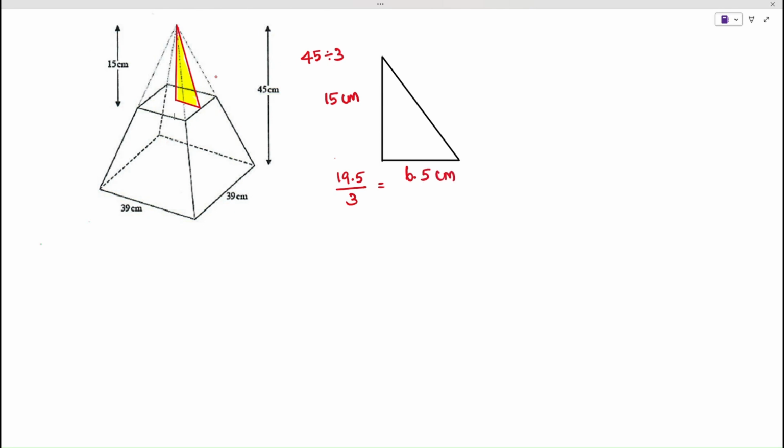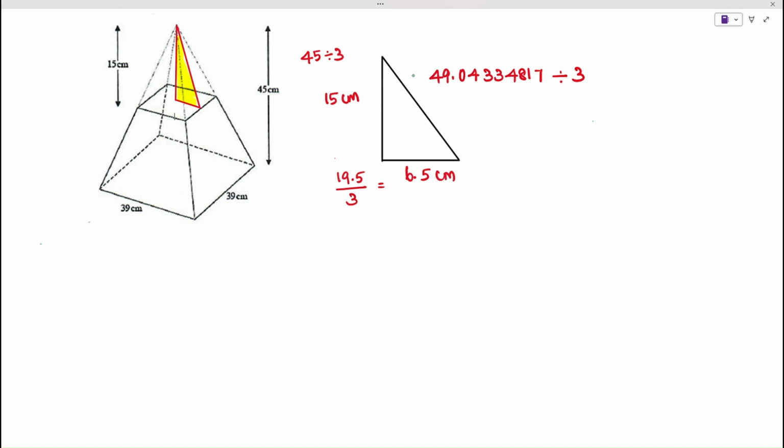Now we could use Pythagoras to find our hypotenuse once again, but since our triangles are similar, the hypotenuse can also be divided by a scale factor of 3. And our value for the hypotenuse that we have seen was 49.043... And so we can divide this by 3 to get the length of the hypotenuse for our smaller triangle.